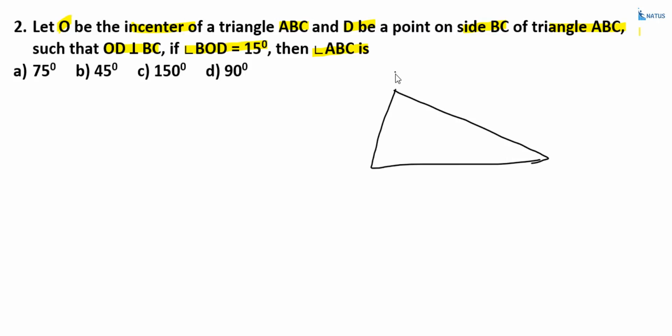Suppose one triangle is like this, A, B and C. The incenter of a triangle ABC is where the angular bisectors meet. So this is one angular bisector, and this is another angular bisector, and these two meet at O. Next, D is the point on the side BC, because OD is perpendicular to BC.